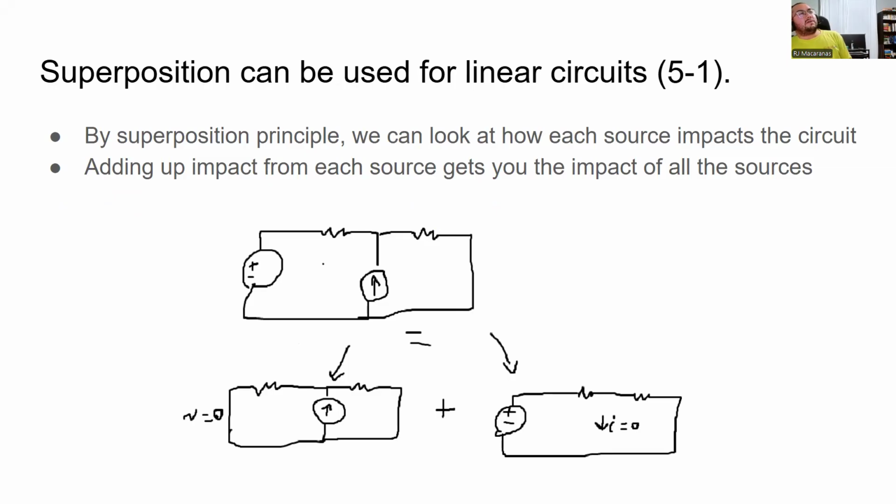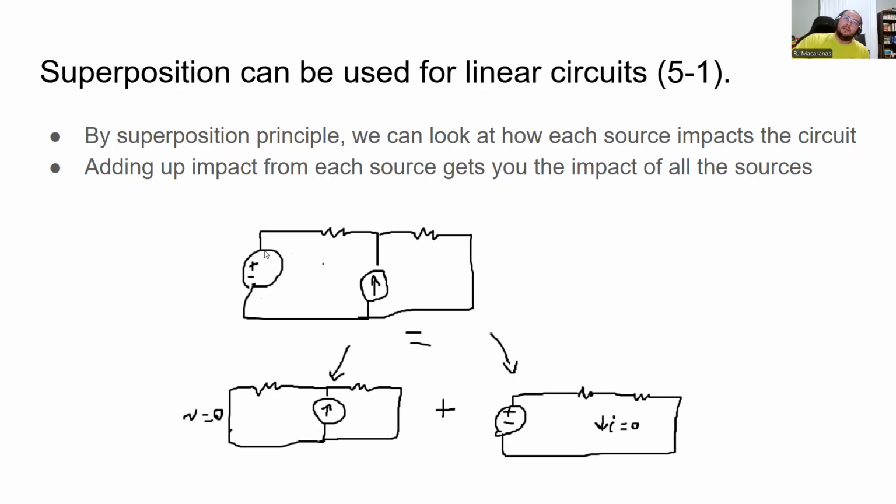Another useful technique is this idea of superposition. Whenever we have a linear circuit, we can use the superposition principle to look at how each source impacts the circuit. Here, I've got a circuit and it's linear because it's just got resistors and sources. I've zeroed out the voltage source.